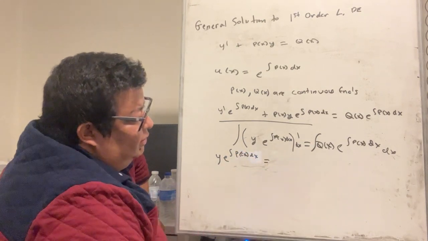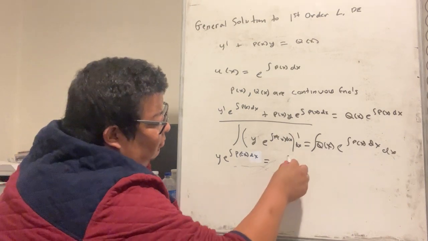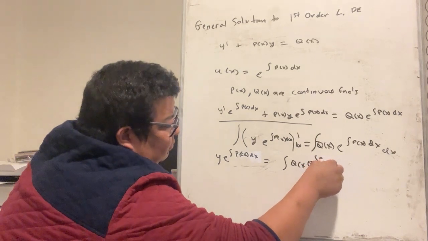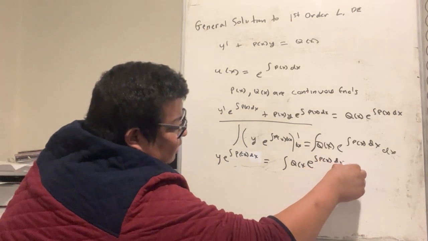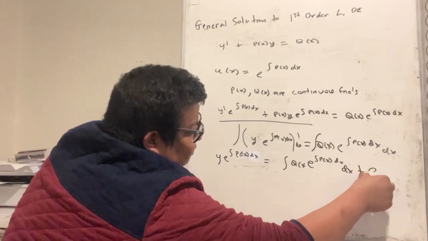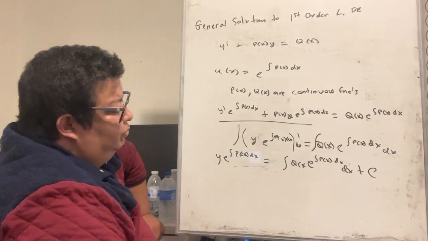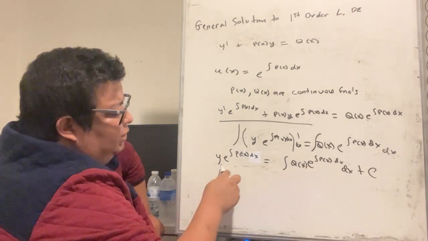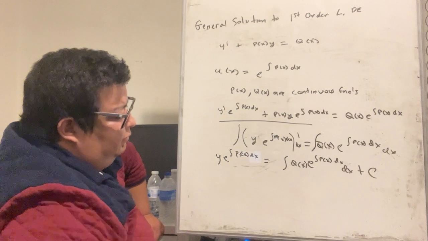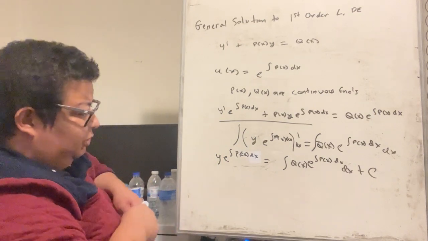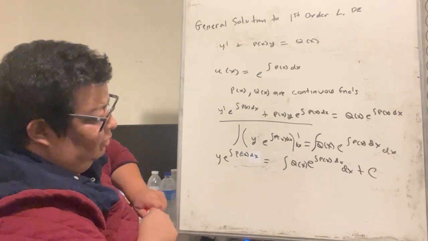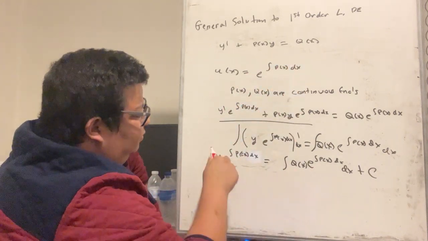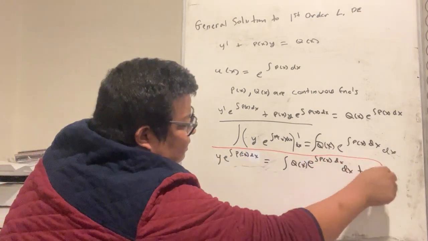And then the right side becomes the integral of q(x) e to the integral of p(x) dx, plus a constant. And notice now we have solved for y, so this is the general solution actually. Of course, if you're given a specific p and q, you need to integrate this. But this is the general solution.